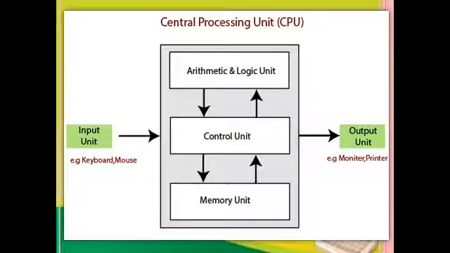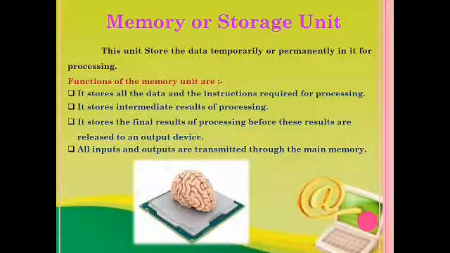All these parts are interconnected and the control unit controls both the memory unit and the arithmetic and logic unit. And it coordinates the operations of input and output devices. Let us discuss each unit of the CPU.